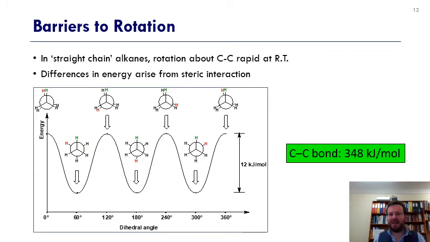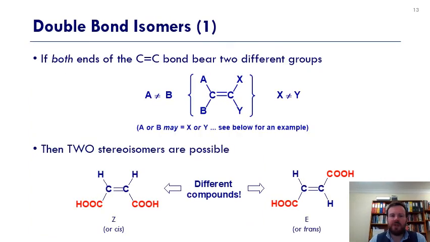And this is particularly well noted when you compare the energy of rotation, 12 kilojoules per mole, to the bond strength, which is about 350 kilojoules per mole. So it's a vast difference between the two. And this is all due to what we call these steric interactions, these physical clashes in space between the different substituents.